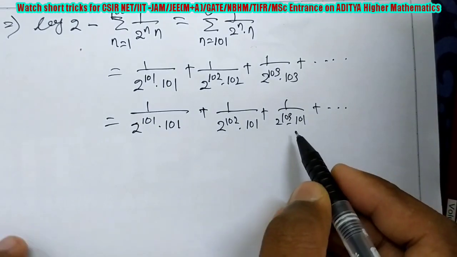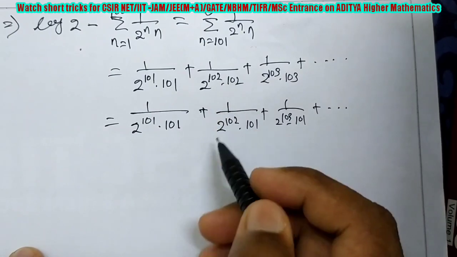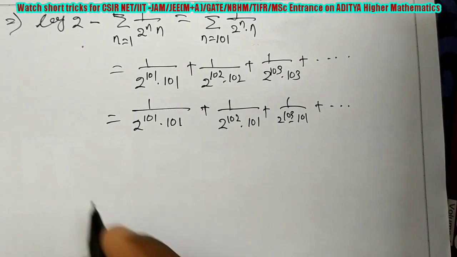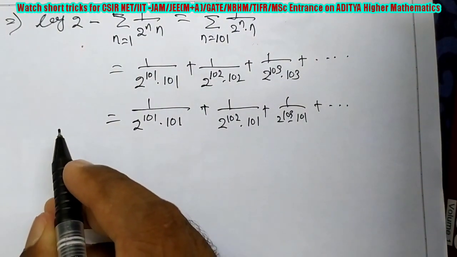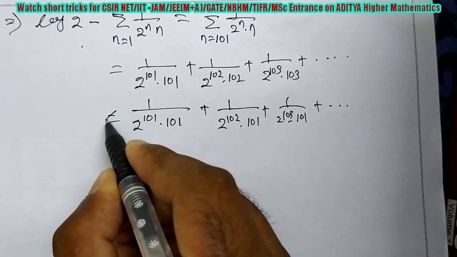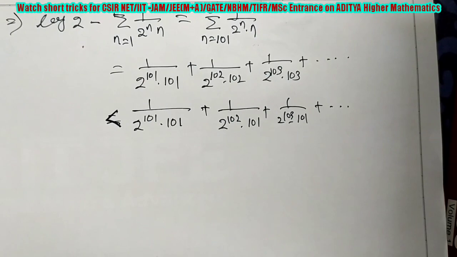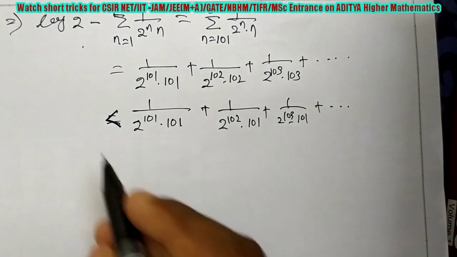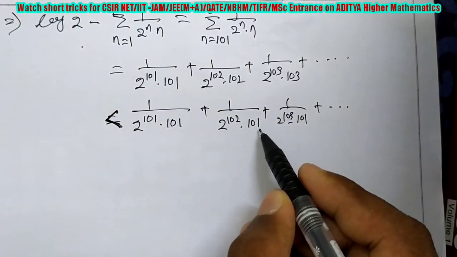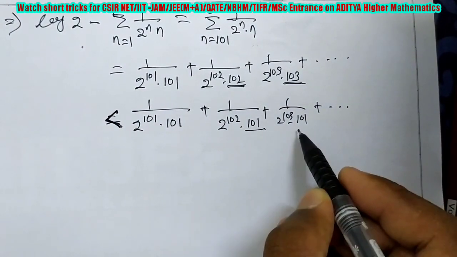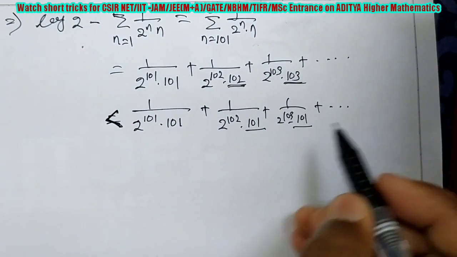Actually we are writing the denominator smaller in comparison to that one. When the denominator decreases, obviously its value will increase. So what we are getting is greater than the previous series, because here the denominator is 102, here 103, and other terms are like this only.